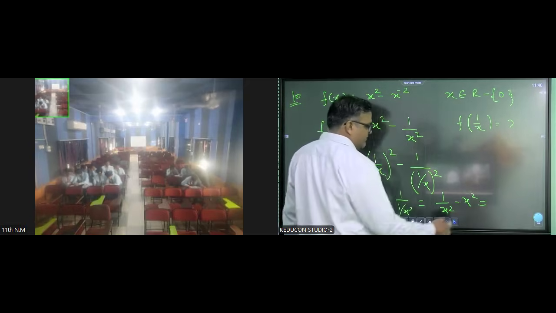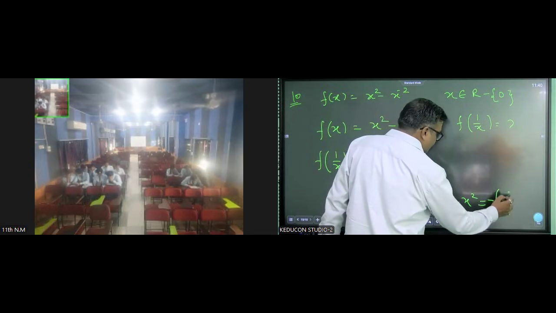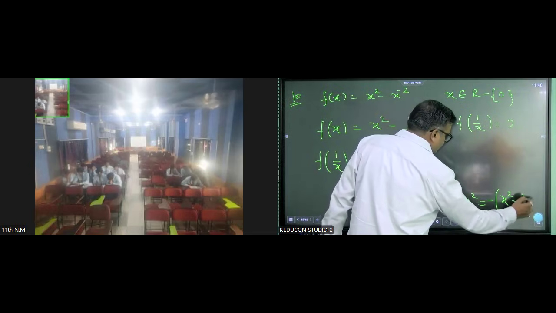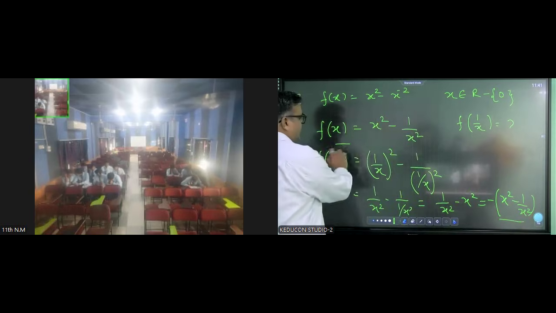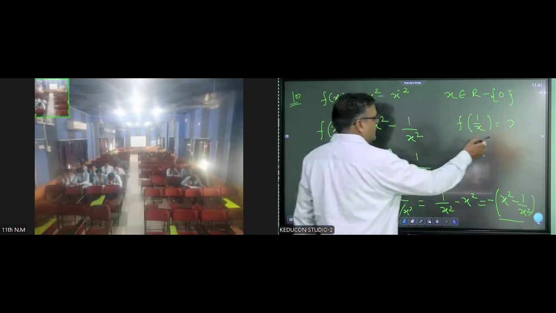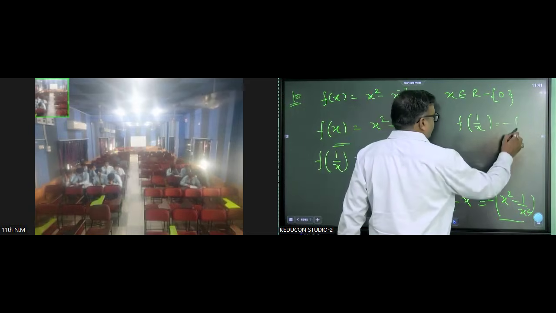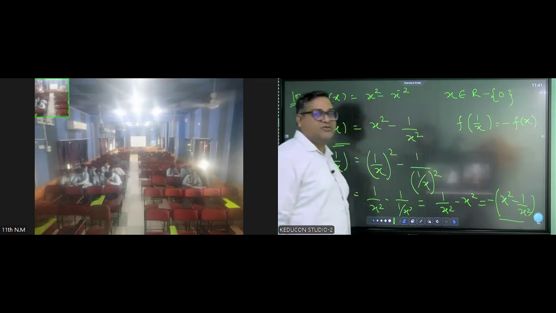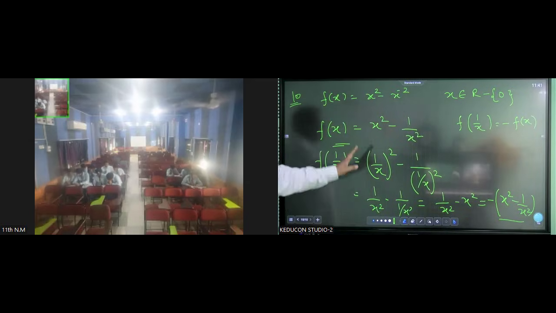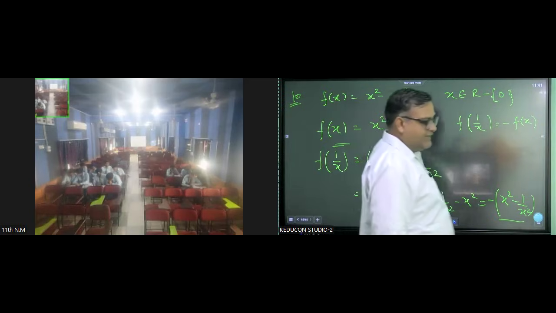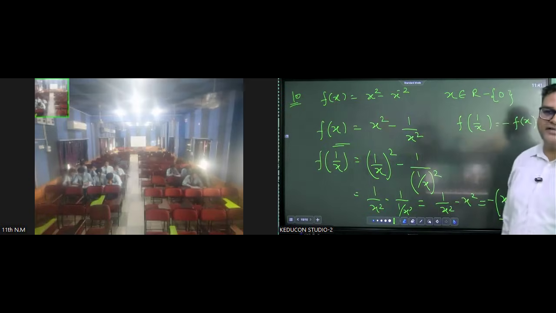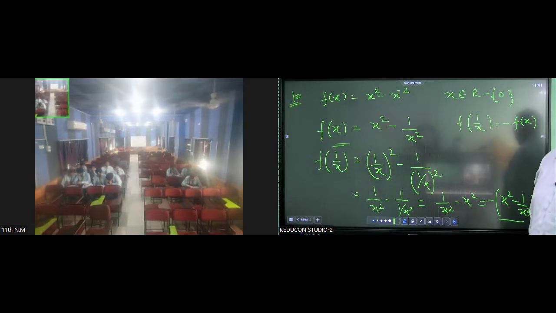Can we write it equal to, minus कॉमन ले लिया, x square minus 1 by x square. तो ये हमारा सेम फंक्शन है जहां से हमने स्टार्ट किया था. तो f of 1 by x will be equal to minus fx. हुआ बच्चों क्लियर? बड़ा सिंपल क्वेश्चन था, x को रिप्लेस करना था 1 by x से, राइट? So what you got? Minus fx. अंडरस्टूड और नॉट? कोई डाउट बच्चों? एवरीथिंग इज क्लियर?